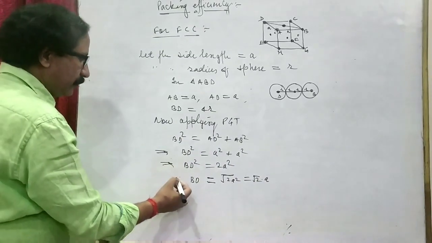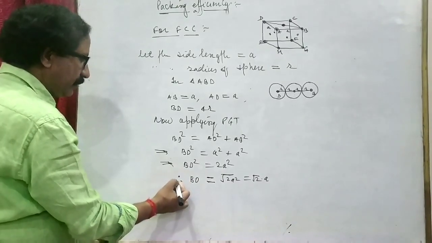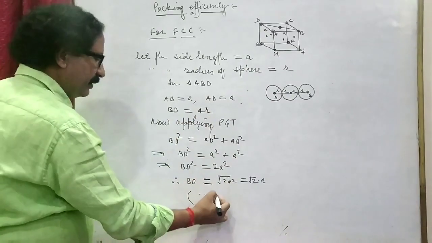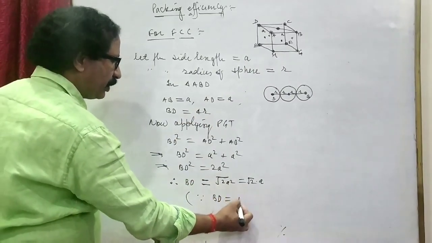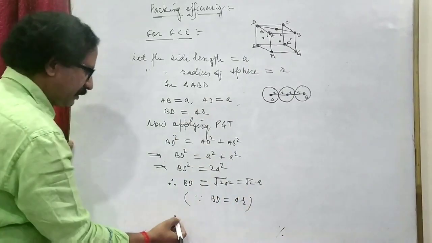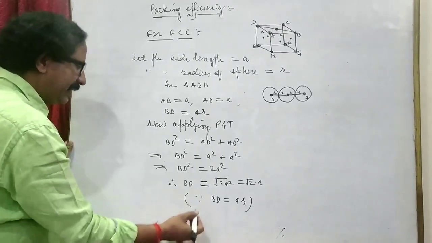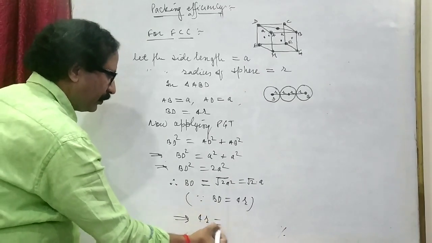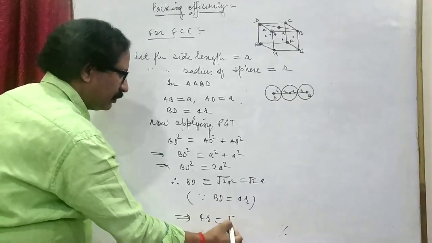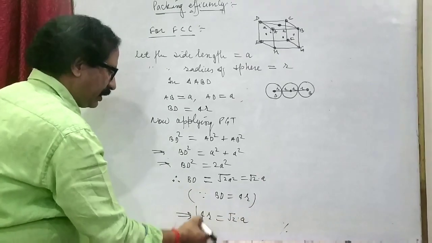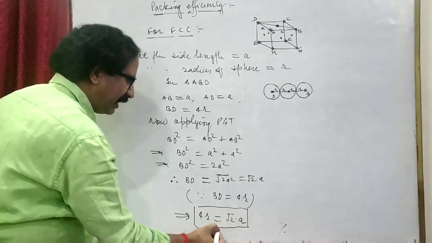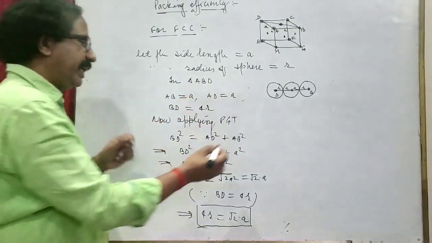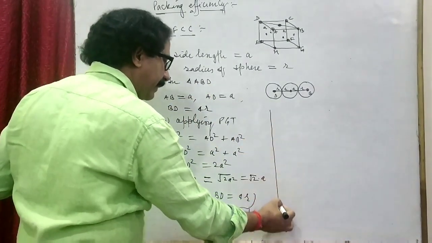And according to this relation BD is equal to 4R, place the value of BD here: 4R is equal to root 2 into A. This is the relation between A and R in FCC.